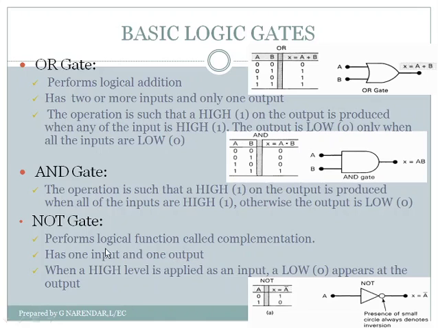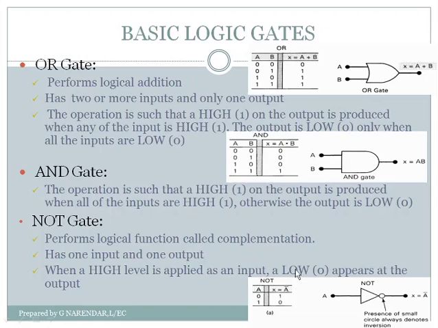So you cannot give two inputs for a NOT gate. Whatever input you give, the output produced by the NOT gate will be the complement of the input. That means if you give the input as X, the output will be X bar.